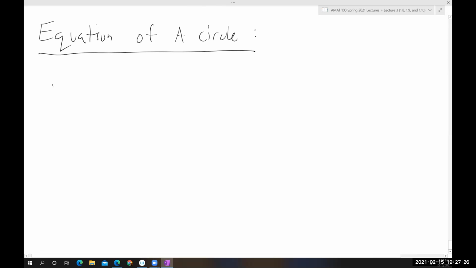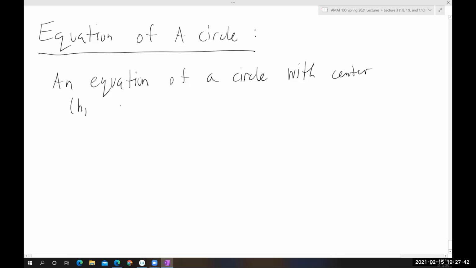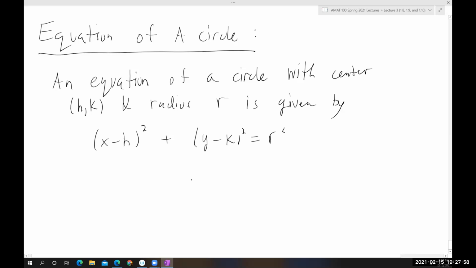So you have an equation of a circle with center (h, k) and radius r given by the following equation: (x minus h) squared plus (y minus k) squared is equal to r squared.